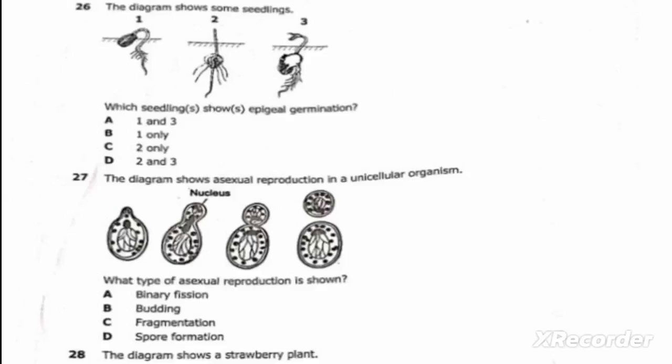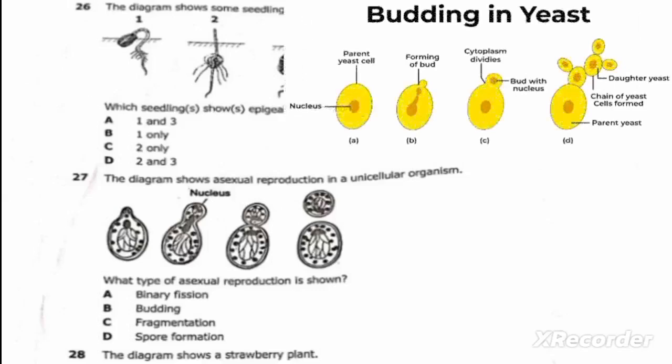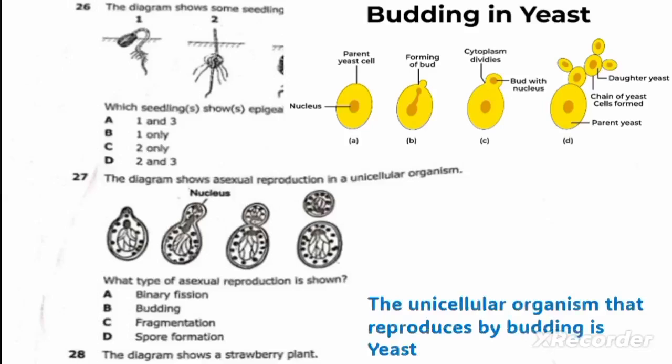So the type of reproduction being shown here is budding. So a unicellular organism that reproduces by budding is yeast.